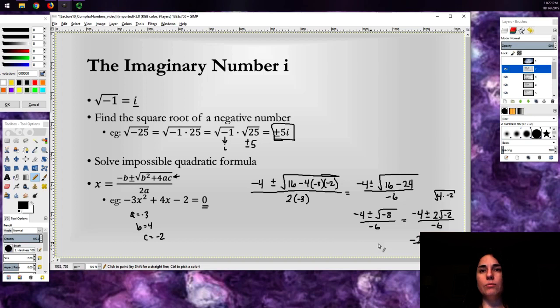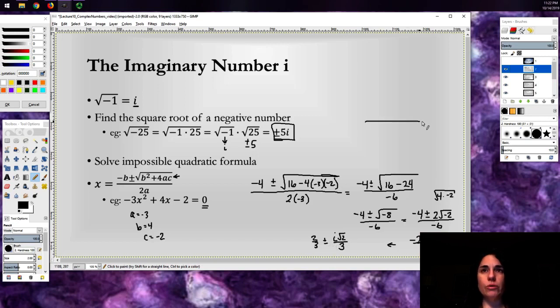I can divide this up. If I look at the first term, I get 2/3 plus or minus. Well, now I know that the square root of -2 is going to be i times root 2, divided by 3. So when I look at the solution, I'm going to have an imaginary number here, which makes sense.